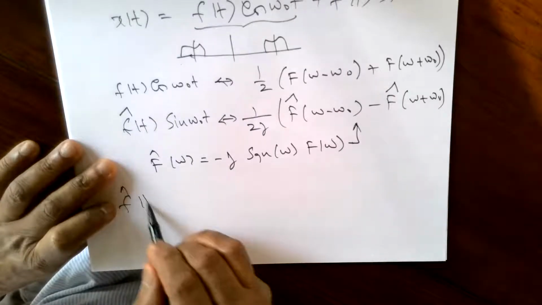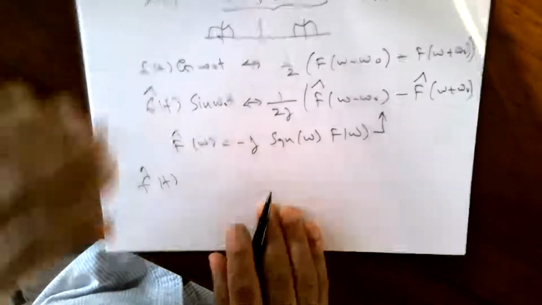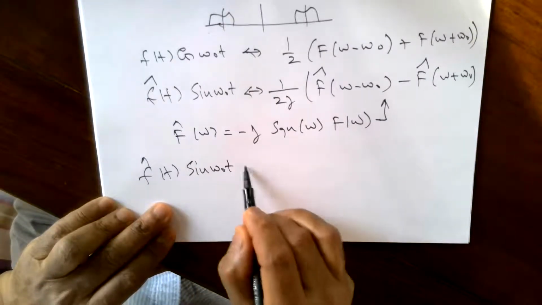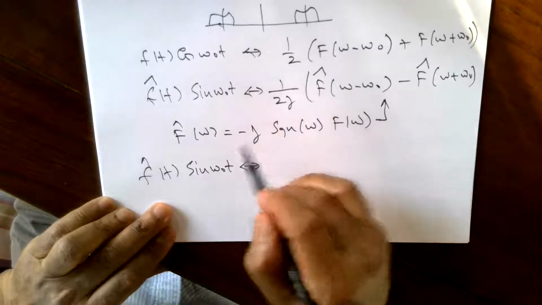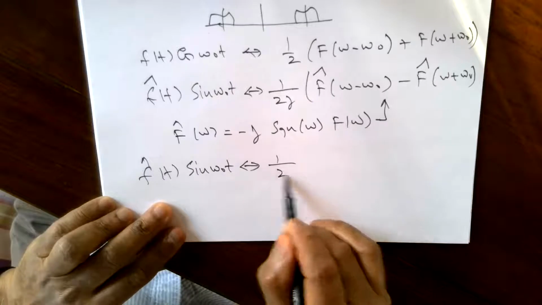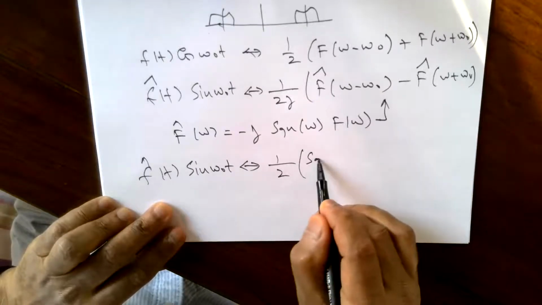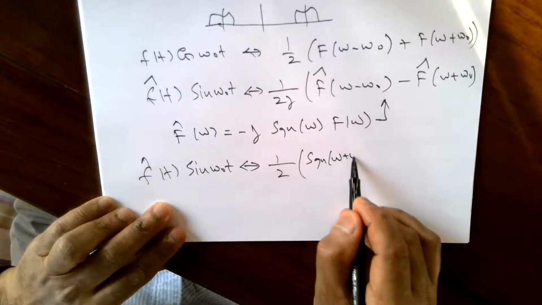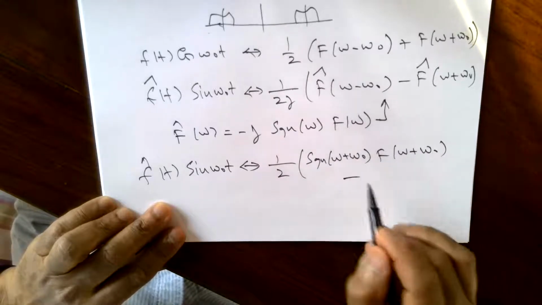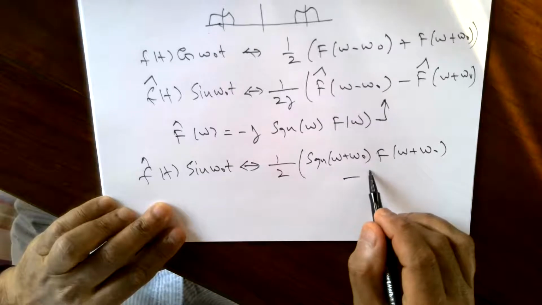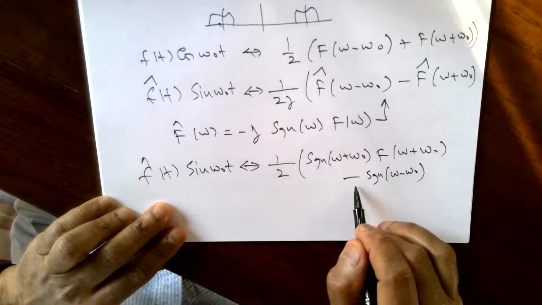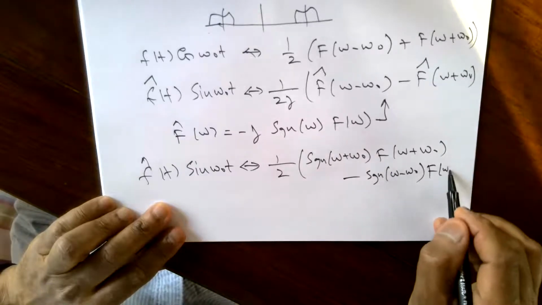So we see that f hat(t) sin ω0 t has a transform of, you notice that the j will cancel because of the minus sign. This will get flipped, so you get 1 over 2 sgn(ω + ω0) F(ω + ω0) minus sgn(ω − ω0) F(ω − ω0).